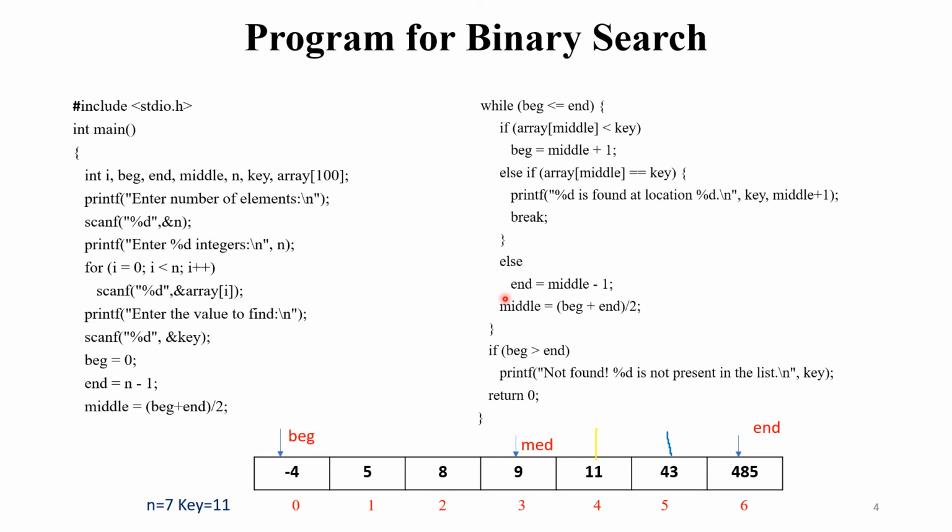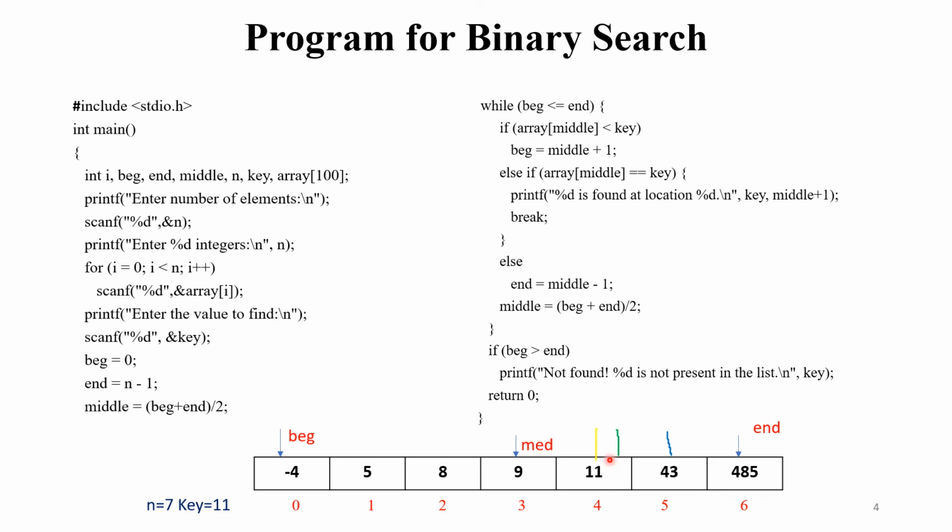In the else part, end is equal to middle minus 1. So here middle is 5, and 5 minus 1 is 4. Now our end is pointed to the fourth index.